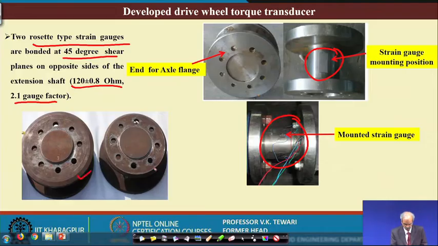Now, these are the two locations shown in different views. This is the flange which has the strain gauges, and then they are mounted and connected with the wheel and the tractor axle.